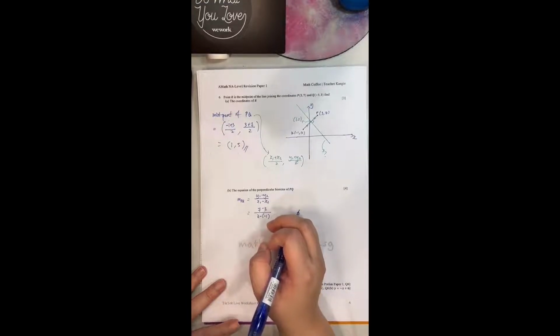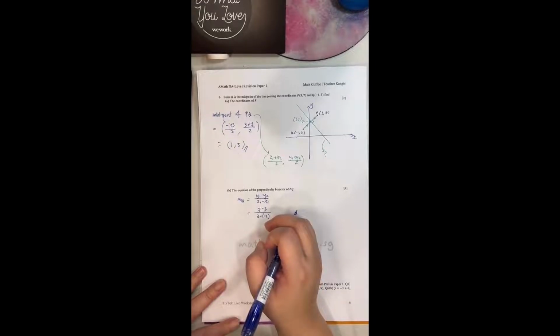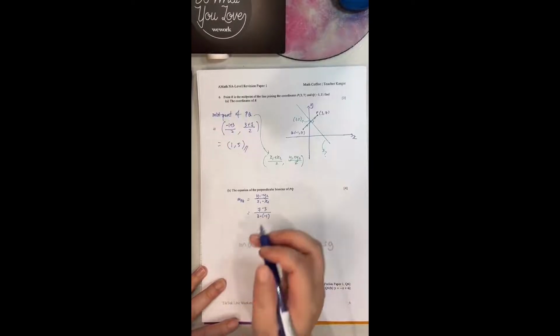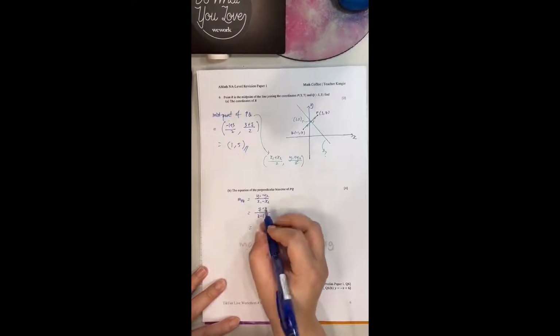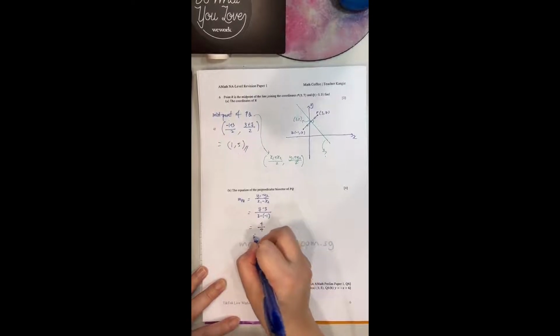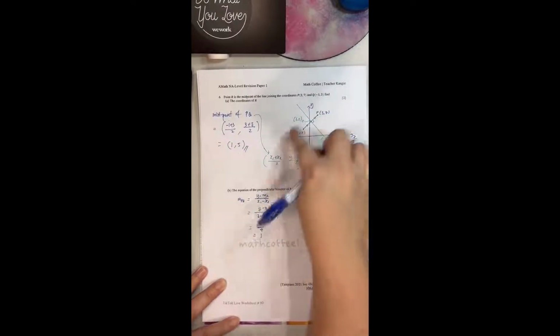Why do I need to subtract? I don't understand, really. Okay. So 7 minus 3 is 4. 3 minus minus 1 is also 4. So in the end, the gradient of PQ is 1.